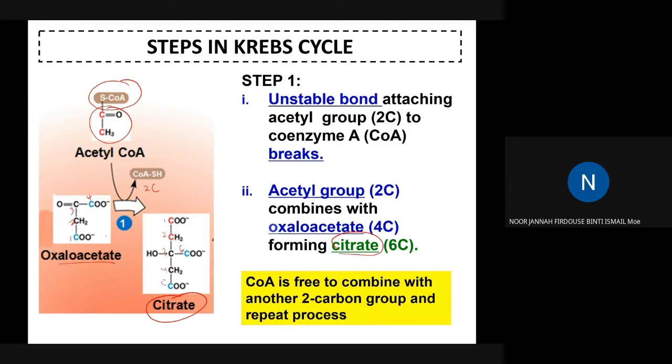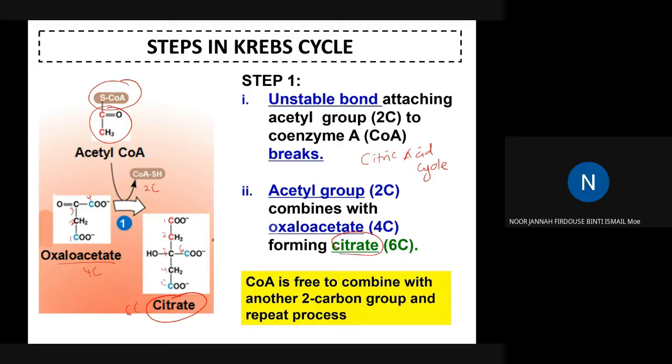So 4 plus 2 carbon, 6 carbon. That is why another name for Krebs cycle is citric acid cycle, because the first compound formed during this cycle is citrate.